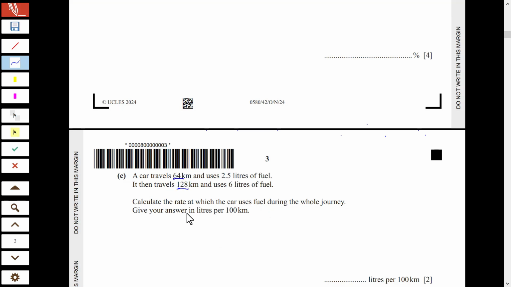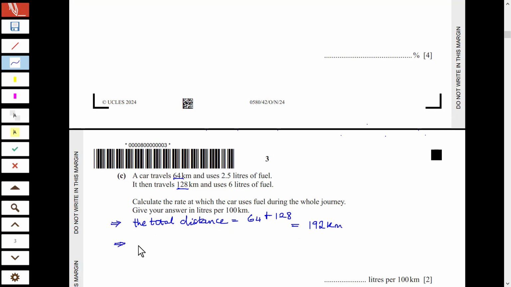So the total distance will be 64 plus 128. Now this gives us 192 kilometers for the total distance.